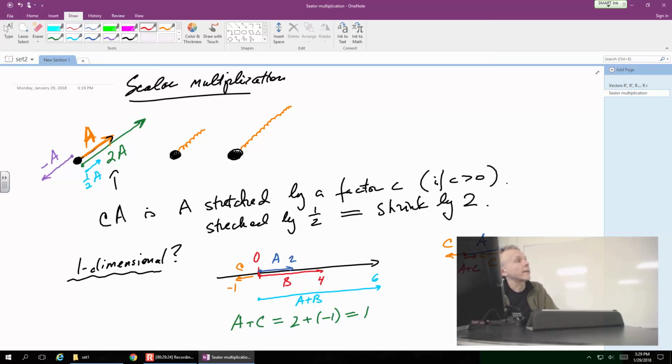So is there one-dimensional vector multiplication? Scalar multiplication, you mean. We haven't talked about anything else, but scalar multiplication certainly, say, if I want 3C. One way to do it, if the scalar is an integer, is to just repeat that vector 3 times.